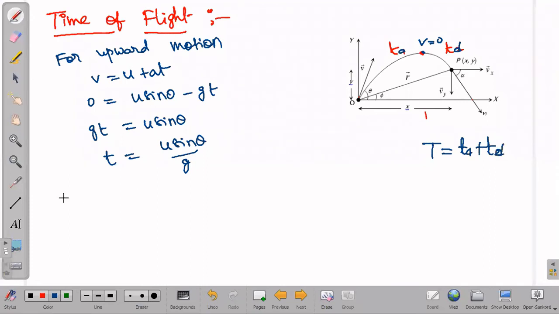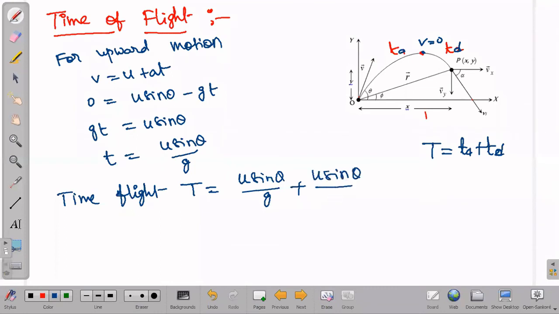If we want to write the time of flight, capital T is equal to TA plus TD. TA and TD are equal, so u sine theta by g plus u sine theta by g. Time of ascent plus time of descent gives us the total time.